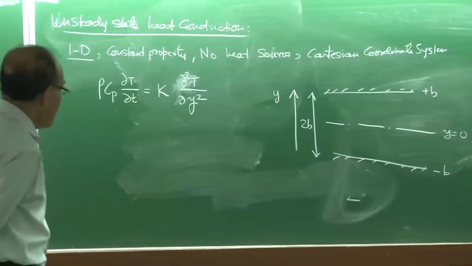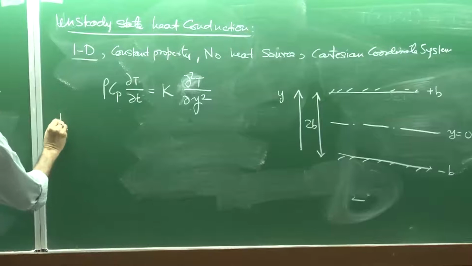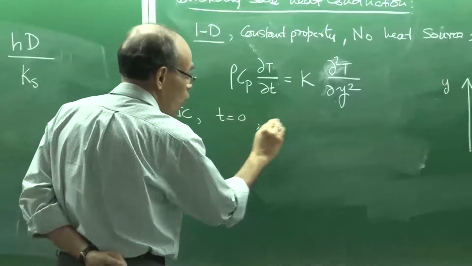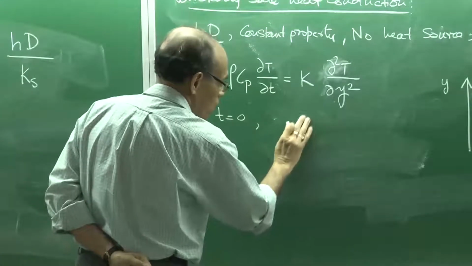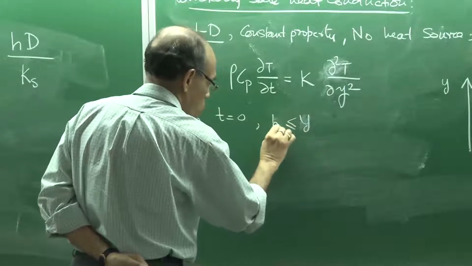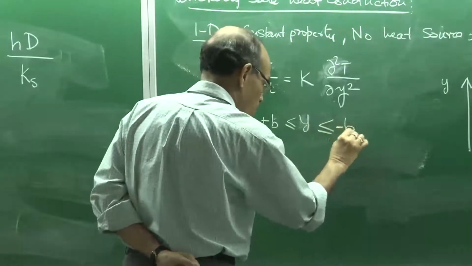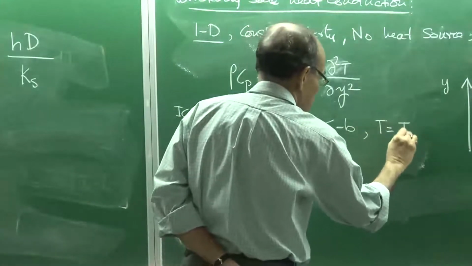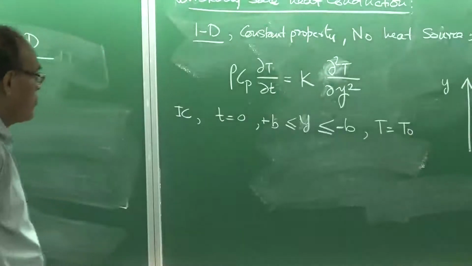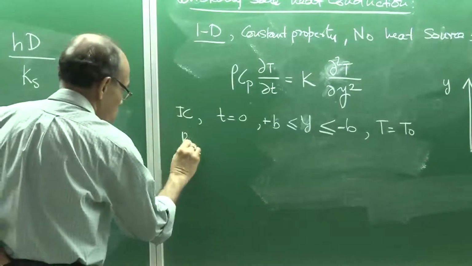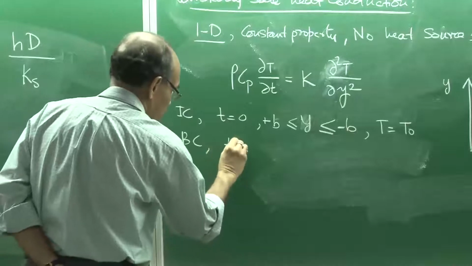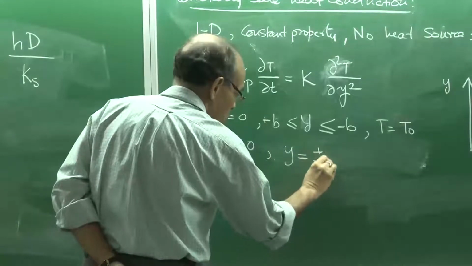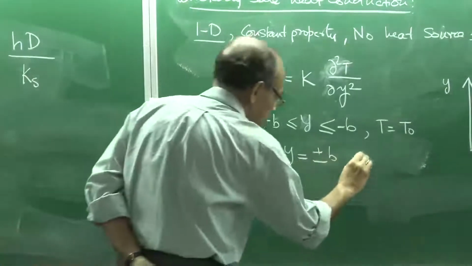So, this is the geometry and I say that the initial condition that I am going to apply here is, at t is equal to 0, for all values of y, that is the entire domain of the slab, T is equal to T0. And the boundary condition: for t greater than 0, at y is equal to plus minus b, at both the surfaces, T is equal to T1.